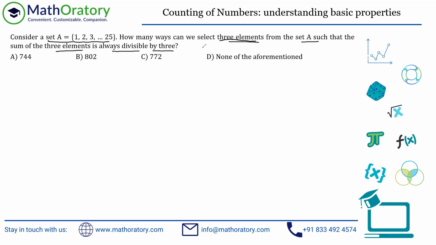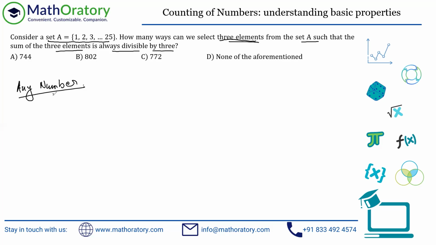So in this kind of case, always try to do this beforehand. If you think about any number for that matter, when divided by 3, it will have a remainder of 0, 1, or 2, right?